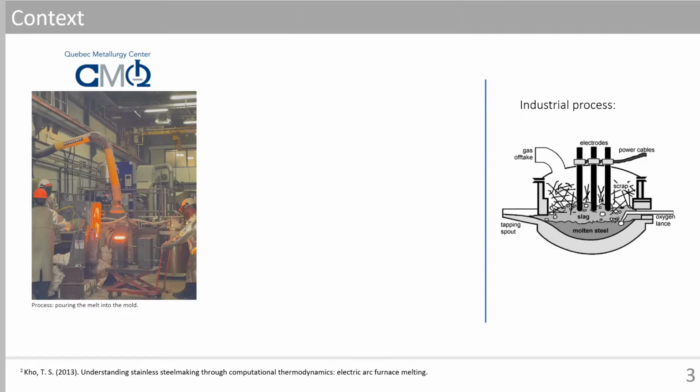So we are trying to use raw materials that are really pure to be able to synthesize the samples by performing mass balance calculations to reach the best composition possible. So here we are trying to mimic the inclusions that would form in a commercial stainless steel.